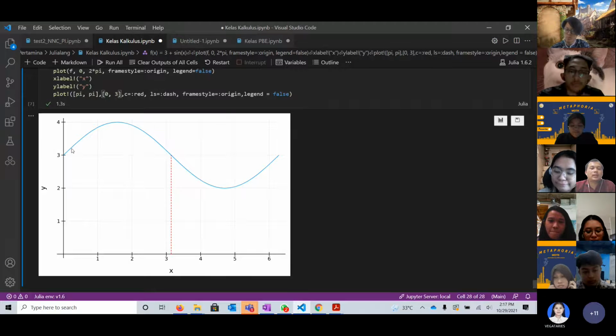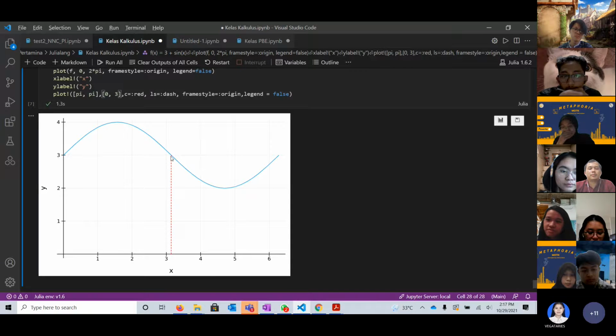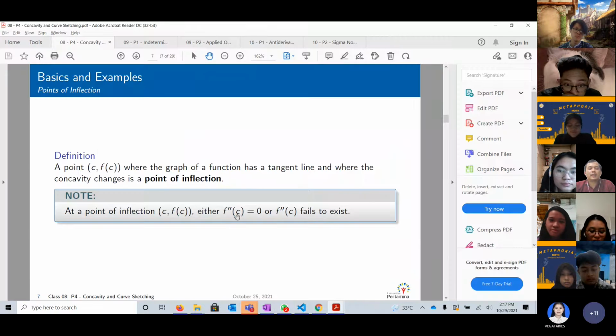Karena di titik itulah ada perubahan dari cekung ke bawah ke cekung ke atas. Nah, at this point, the second derivative is 0 or fails to exist, I mean, or undefined. Di titik inflection ini, turunan keduanya itu kalau tidak 0 ya berarti tidak terdefinisi.